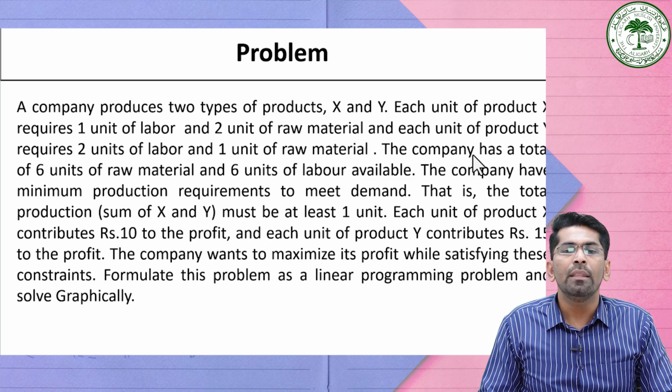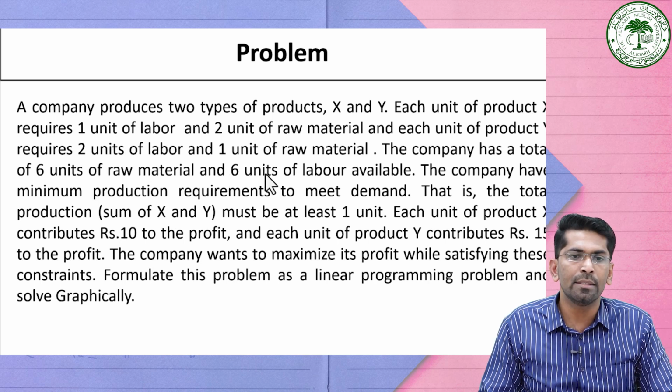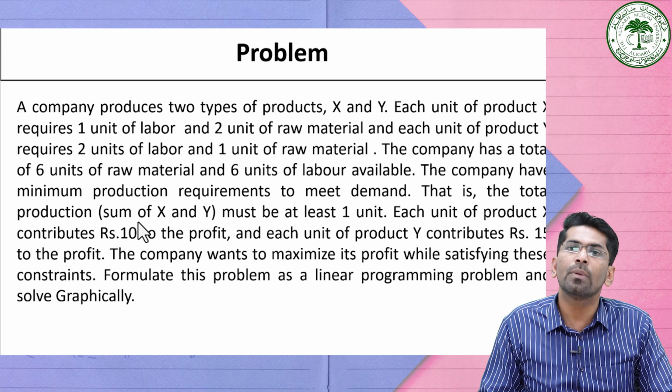The company has a total of 6 units of raw materials and 6 units of labor available. The company also has a minimum production requirement to meet the demand, that is, the total production, the sum of product X and Y, must be at least 1 unit.